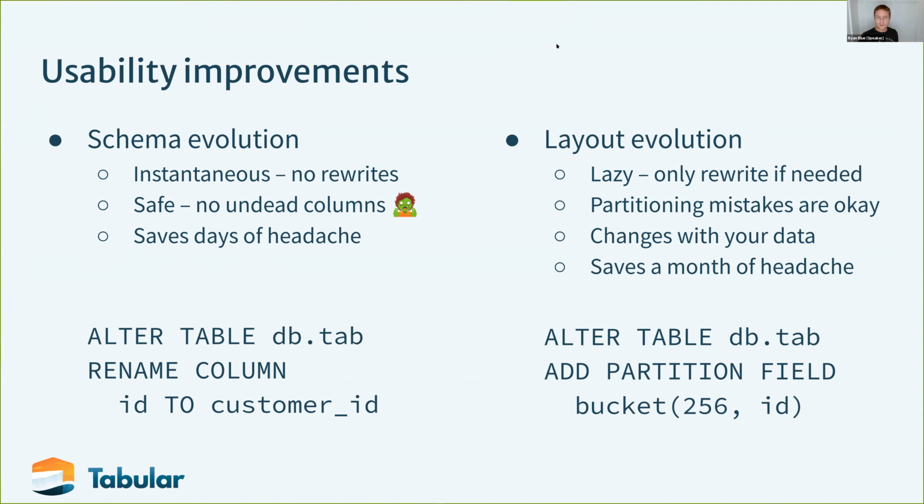So a couple of those things that we've fixed in Iceberg are the two that I want to highlight right here. First of all, schema evolution. You should be able to add, drop, rename, reorder, and... I think there's a fifth.